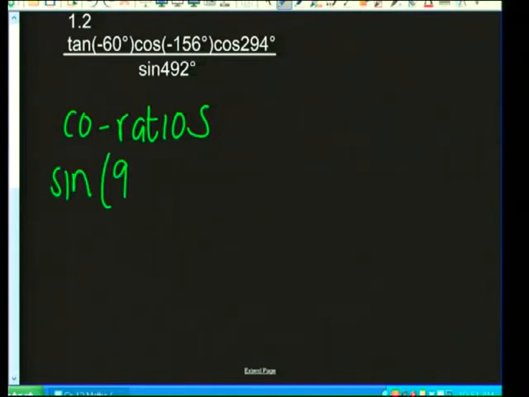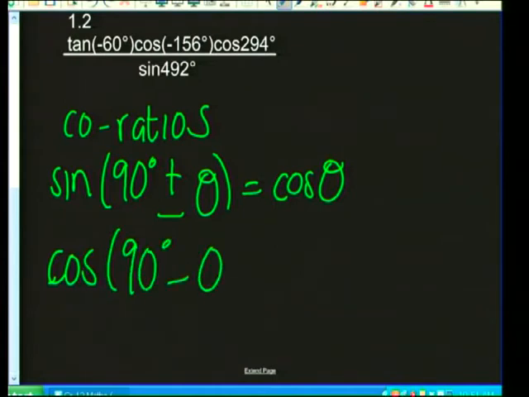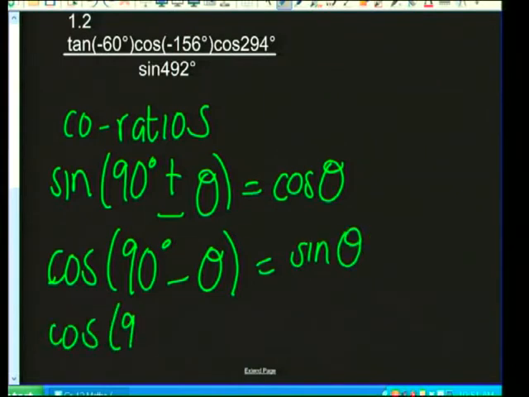Sine of 90 plus or minus theta is always cos theta. Cos of 90 minus theta is sine theta. Then cos of 90 plus theta is always negative sine theta.